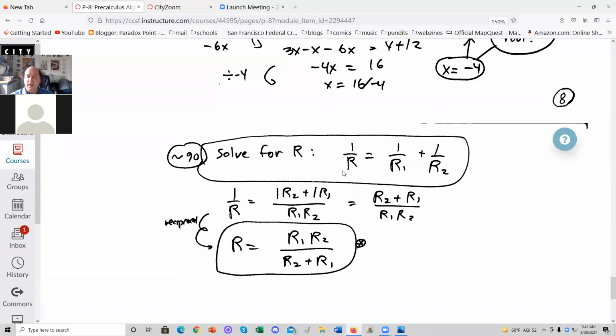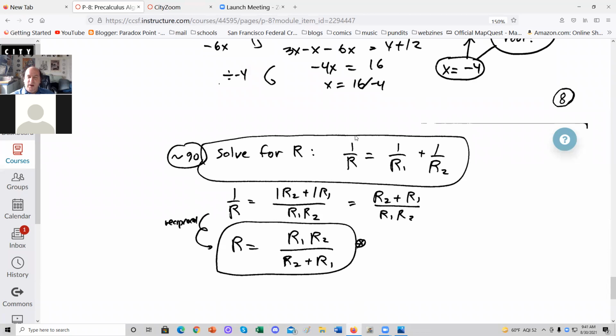Here we have an equation from electrical engineering. When resistances are in parallel, this is the equation that they relate to. The reciprocal of one resistance plus the reciprocal of the other resistance is the reciprocal of the combined resistance.